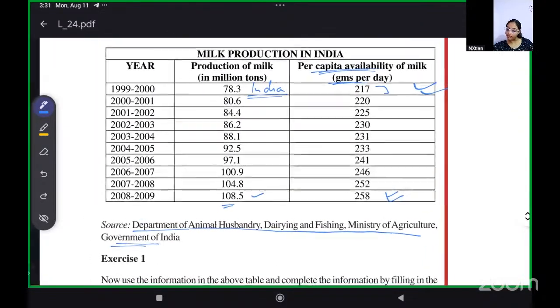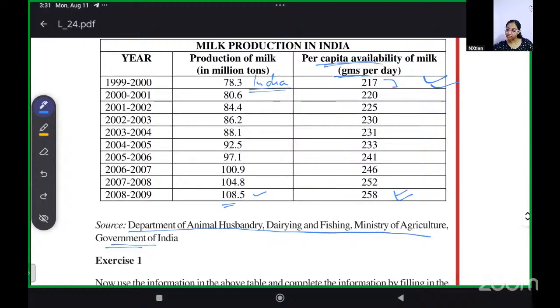Smallest increase in production. Ma'am, I think it might be 2003-2004. Check once again. 1999 to 2000 is 2.3. Then 2003 to 2004 is 1.9.